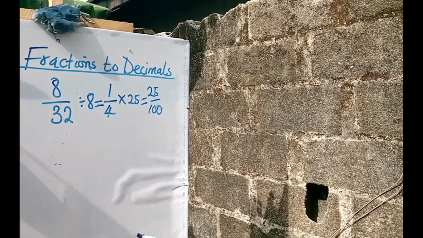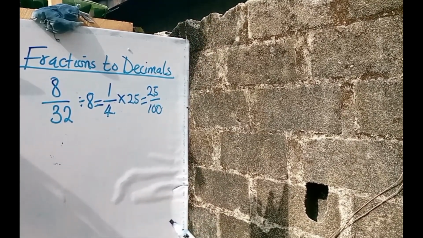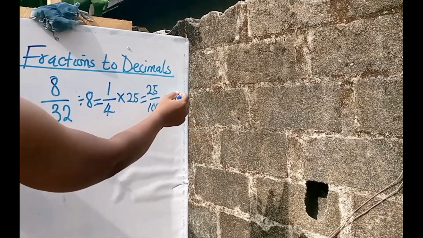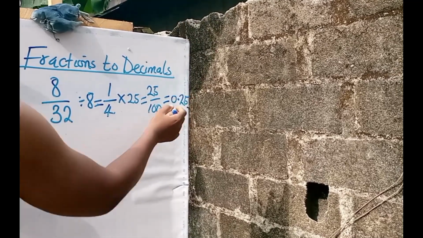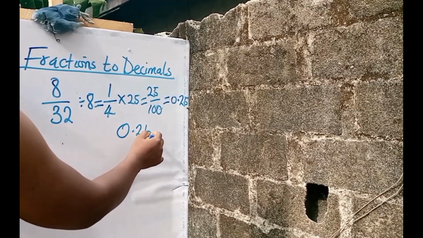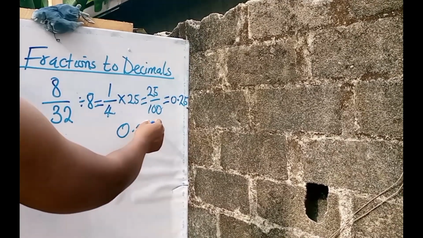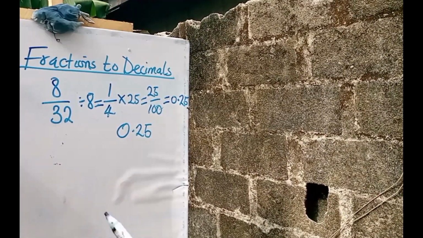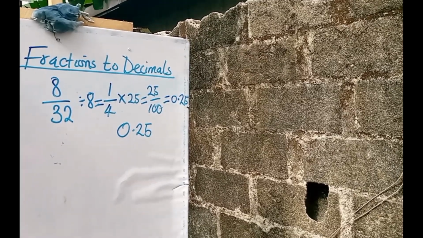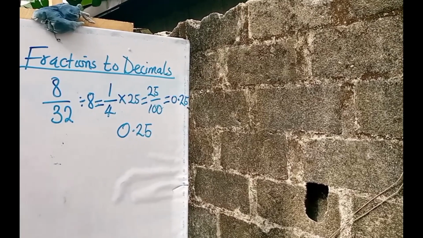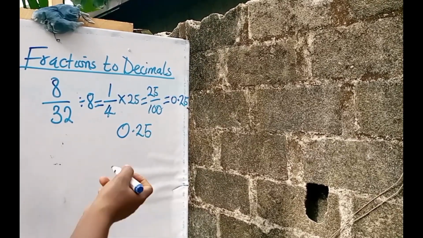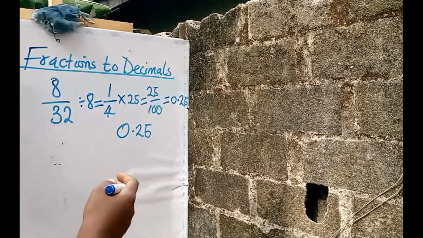We can easily change it to a decimal at this point, and that will give us 0.25. Let me write it out. We just realized that a fraction that looks unworkable is actually quite easy.